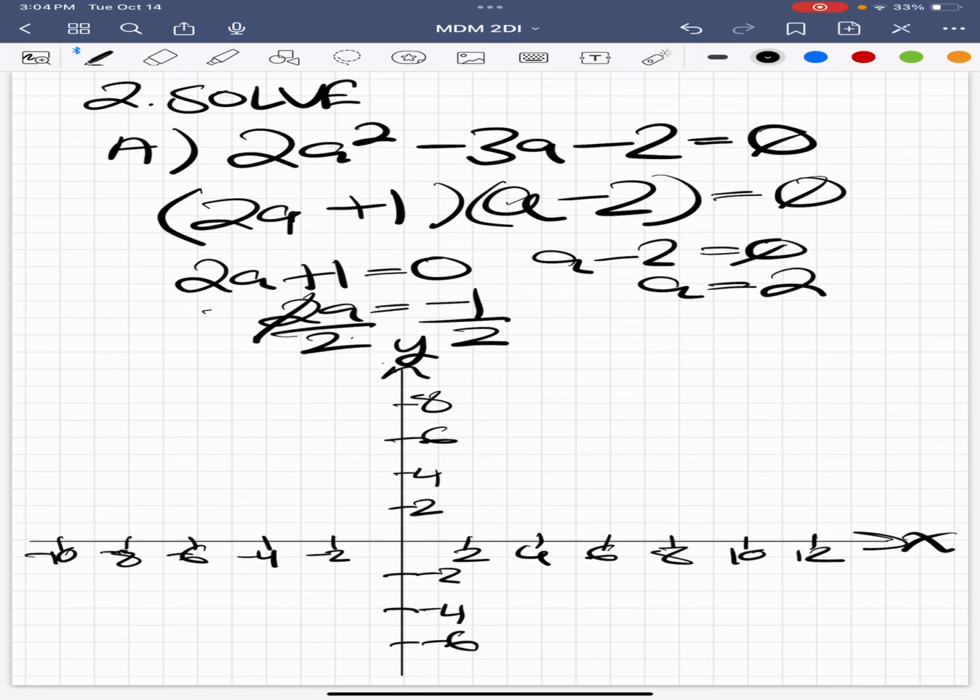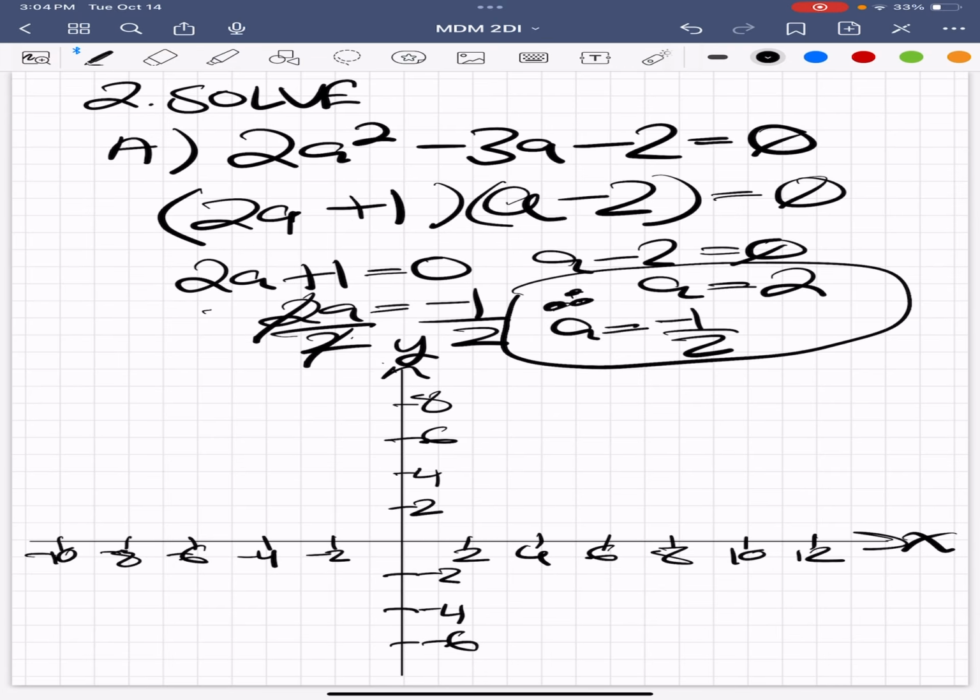And then we cross out, and a would be negative 1 over 2. So we have both of the x-intercepts. So we're going to do negative 1/2, and then positive 2.